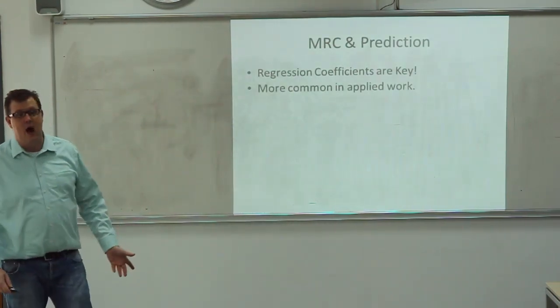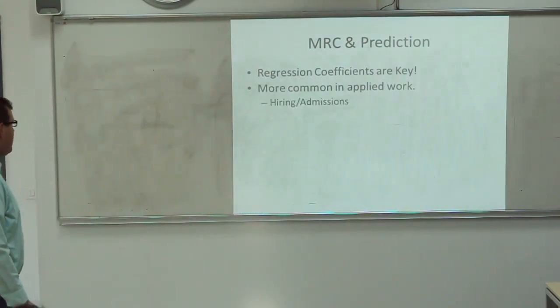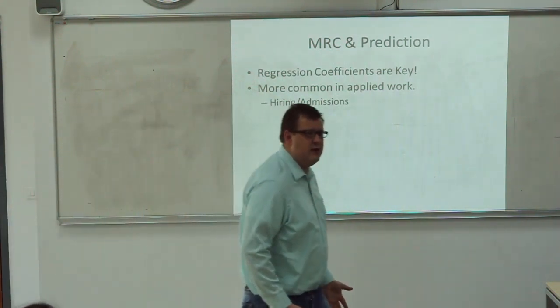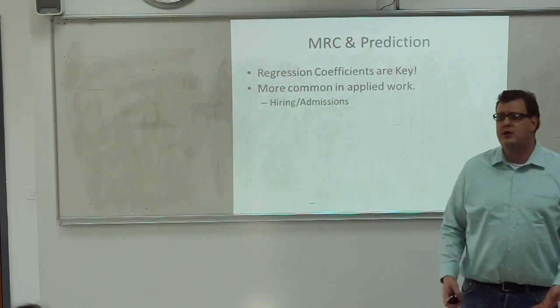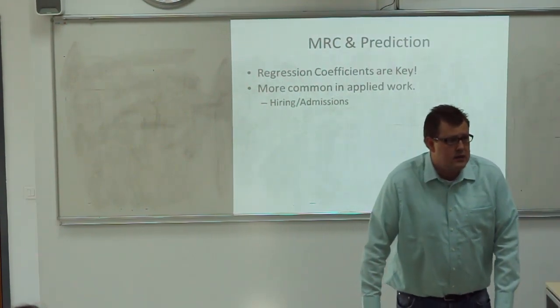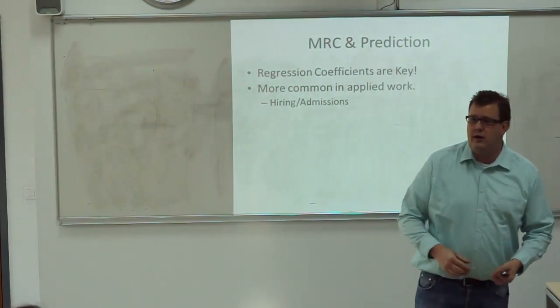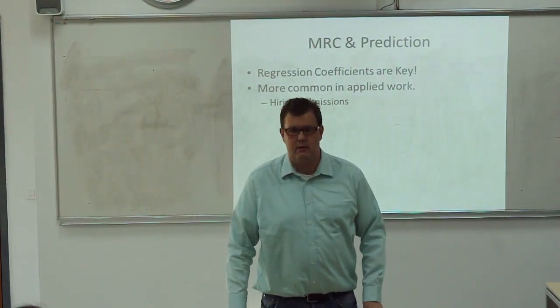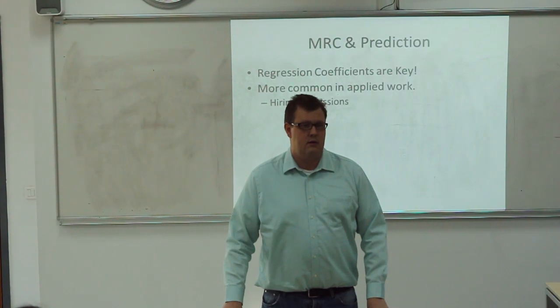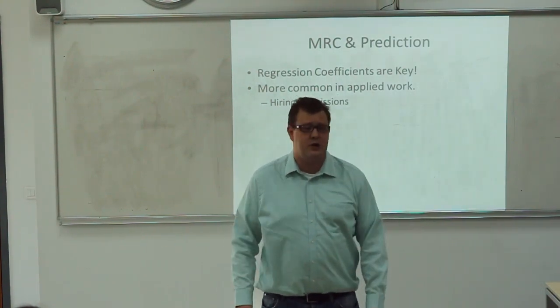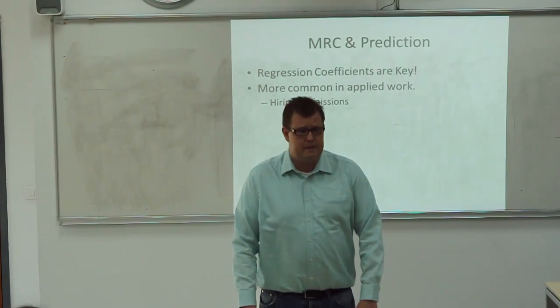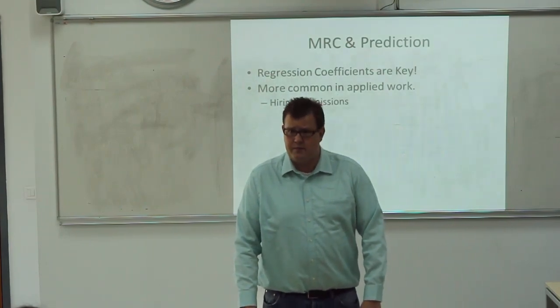And this is really, really common in applied work. If you want to hire somebody or admit a student to a university, how could you use multiple regression or correlation analyses to select the student that would be most likely to succeed? Making a prediction. How do you make a prediction about which students will succeed? The Turkish government does this. There's an exam, right? You all take this big test.